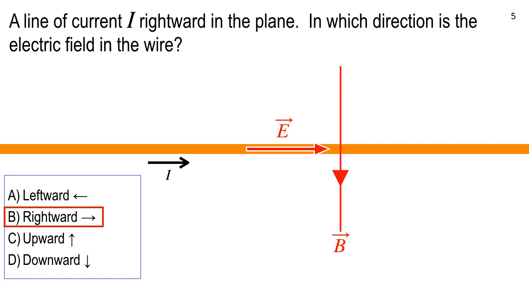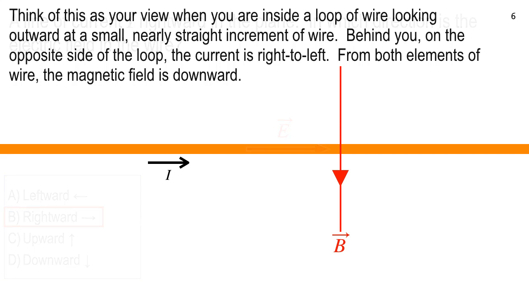Now we're going to do something a little different. I hope you have a good sketch of this. We're going to think of this as your view, as if you are inside the loop of wire looking outward at a small, nearly straight increment of wire.